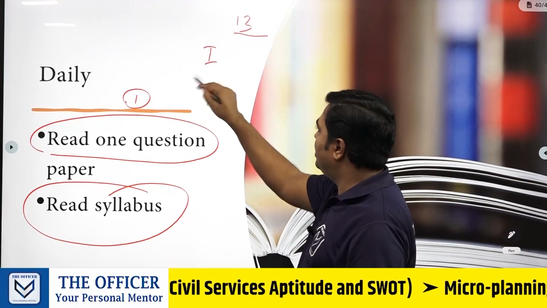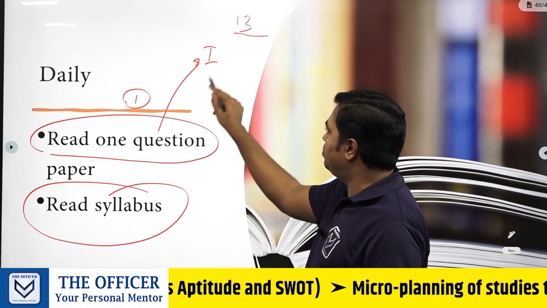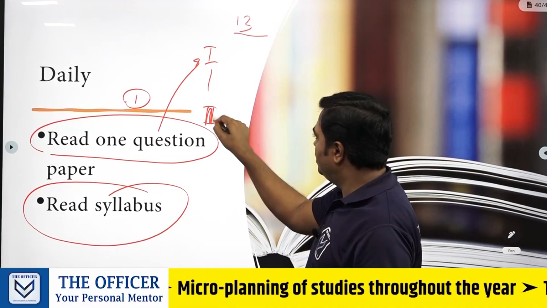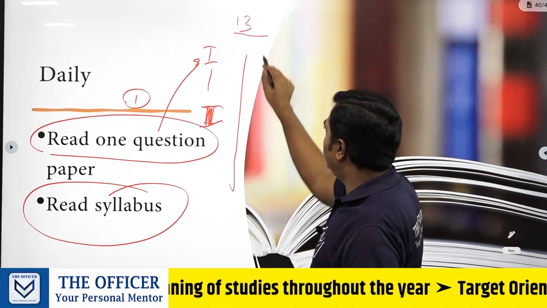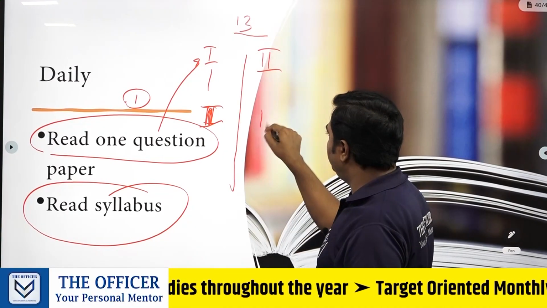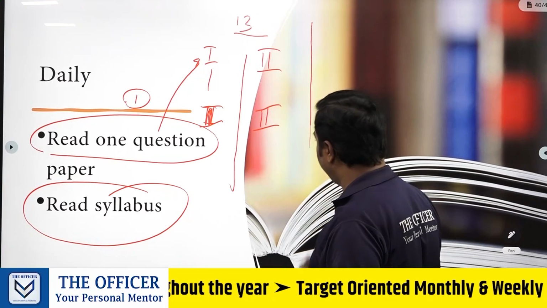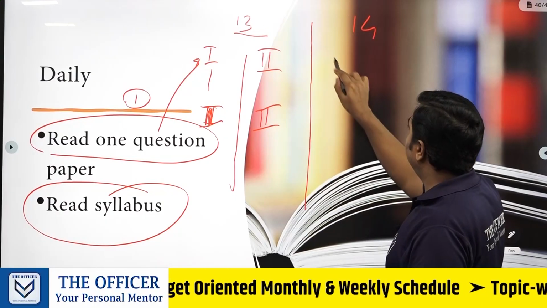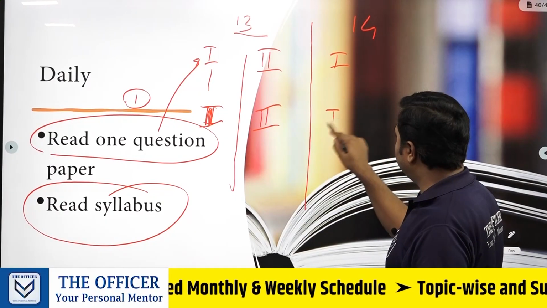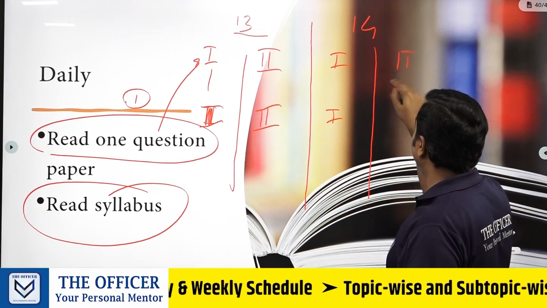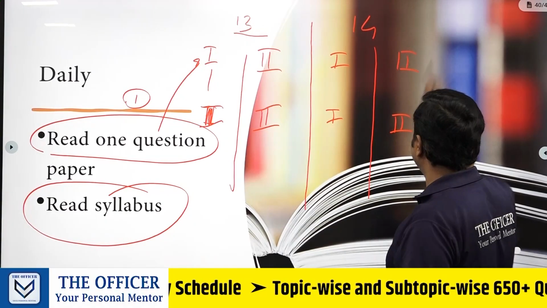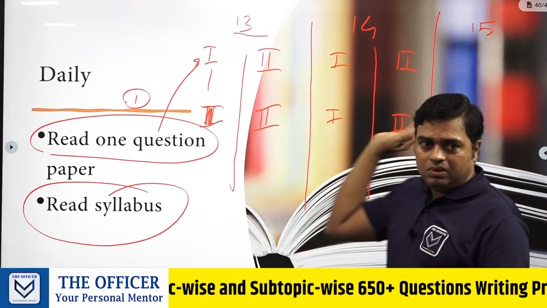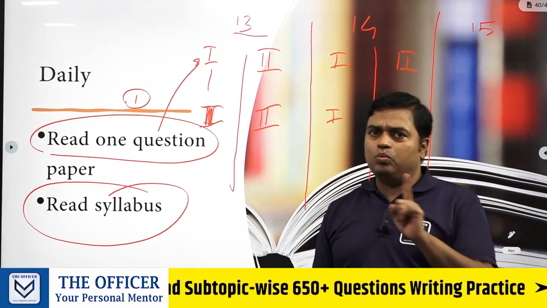Today you read the first question paper, then read the syllabus of the first paper. Tomorrow, the second question paper, syllabus of the second paper. Then 2013 is complete. 2014, first paper, syllabus of first paper. Second paper's syllabus. Then 2015. Just keep it: one question paper and one syllabus.